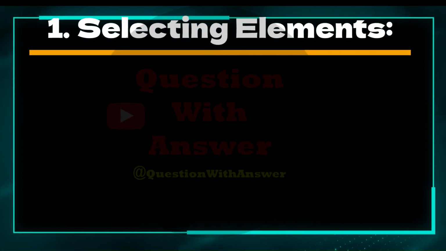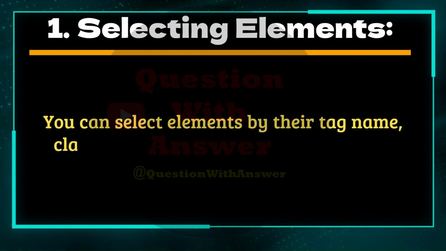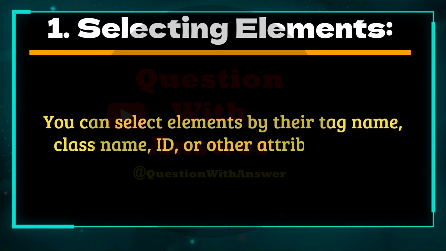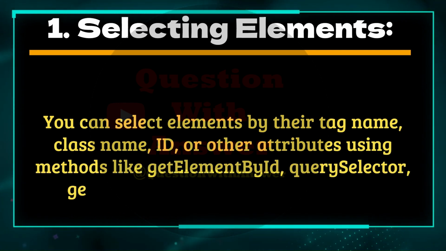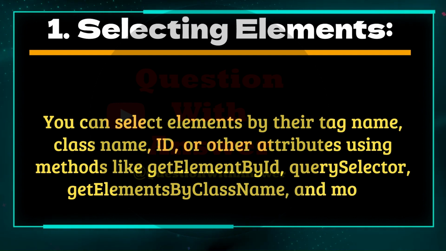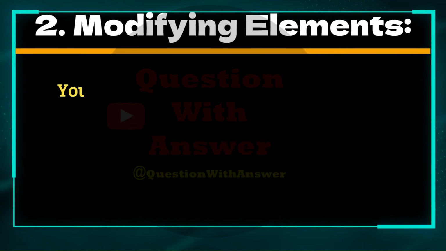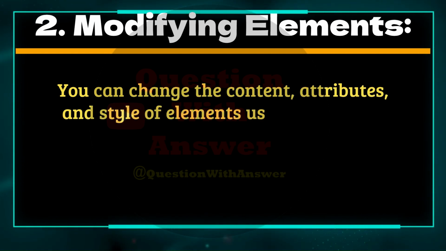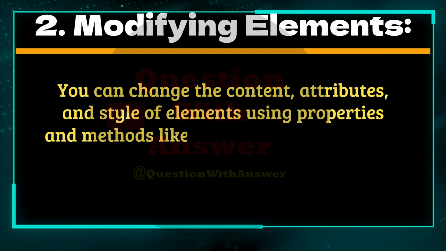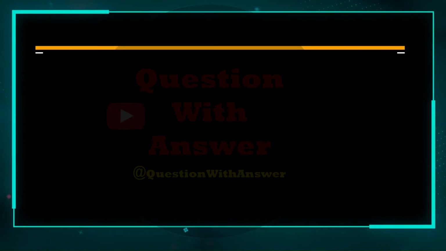1. Selecting elements. You can select elements by their tag name, class name, ID, or other attributes using methods like getElementById, querySelector, getElementsByClassName, and more. 2. Modifying elements. You can change the content, attributes, and style of elements using properties and methods like innerHTML, textContent, setAttribute, and style. 3.